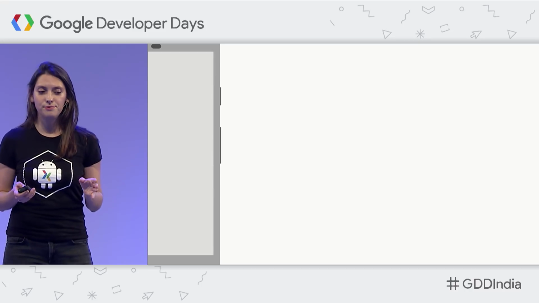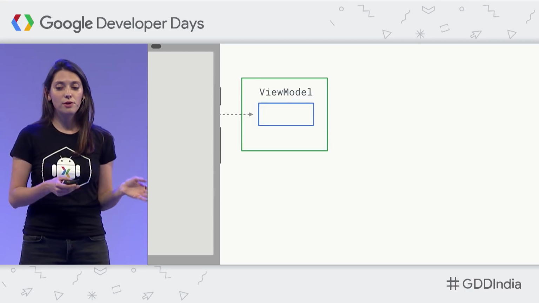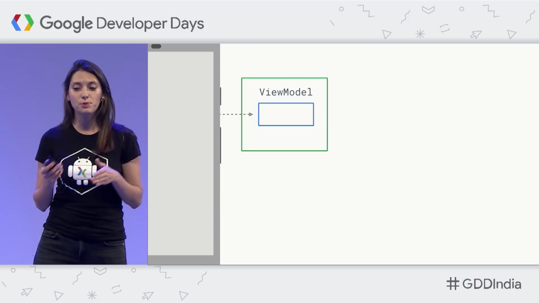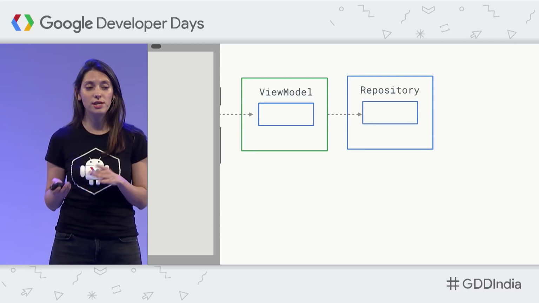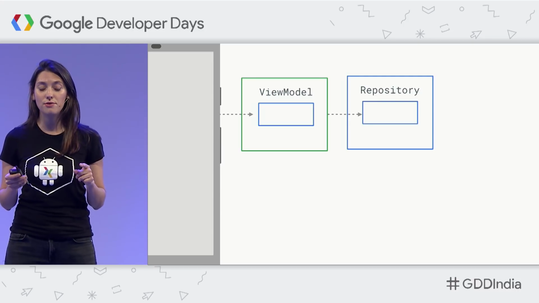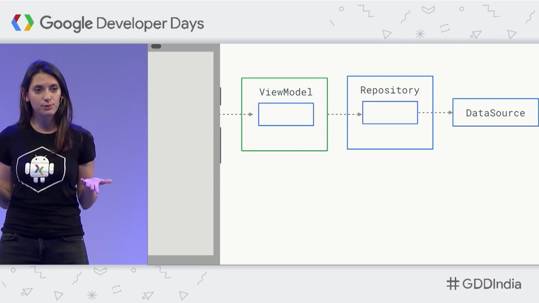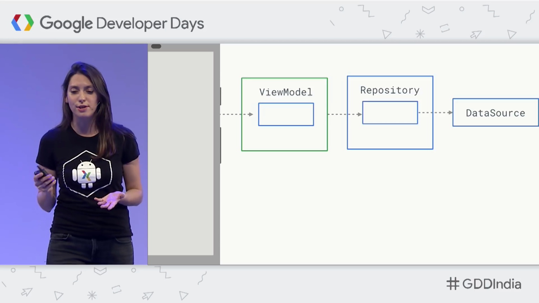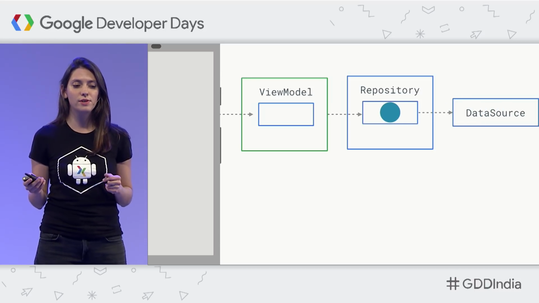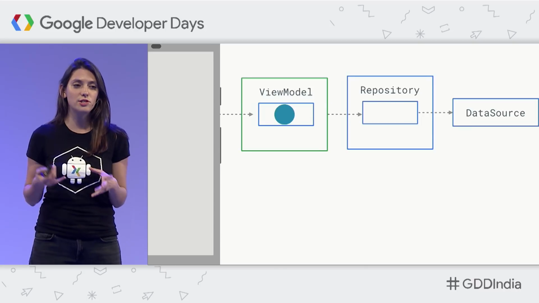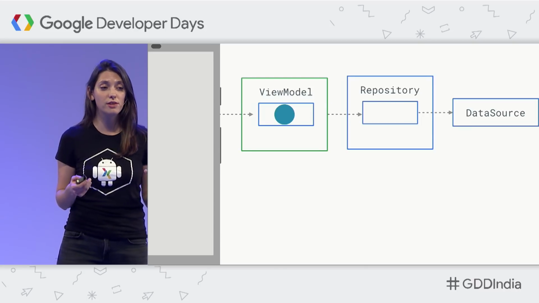So the app starts. The ViewModel for the screen is created. The view subscribes to the notifications of the data. The ViewModel works with the repository and is subscribing to the data coming from it. And then the repository works with the data source. Nothing new so far. So we have the data coming from the data source to the repository, then to the ViewModel that changes the data, preparing it to be displayed on the UI.